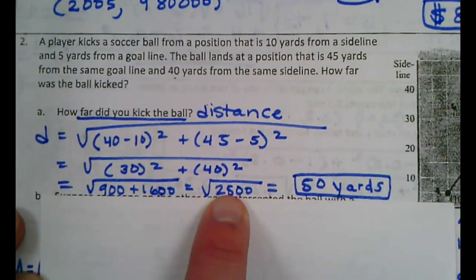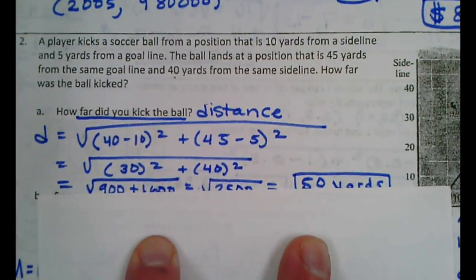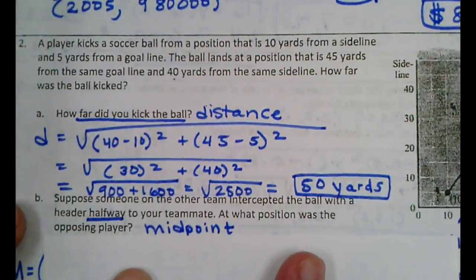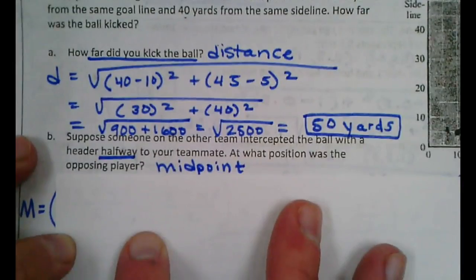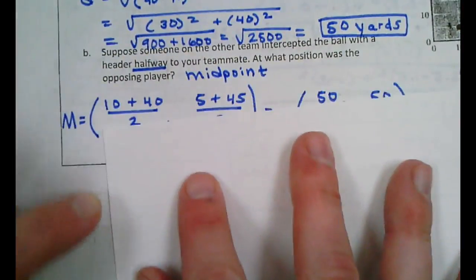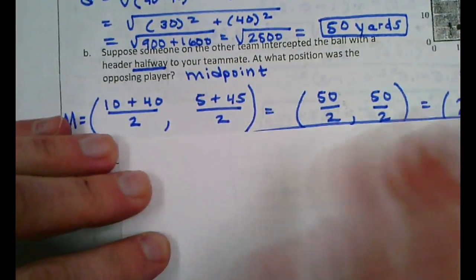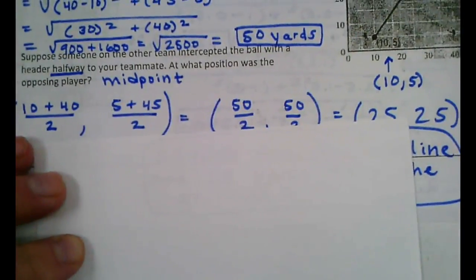The second question says, suppose someone on the other team intercepted the ball with a header halfway to your teammates. At what position was the opposing player? Well, if they were halfway along that distance that you kicked the ball, that's going to be finding the midpoint. So I plugged my values in using the midpoint formula that we just did, finding the average between those 2 points, which I ended up solving out to (25, 25).